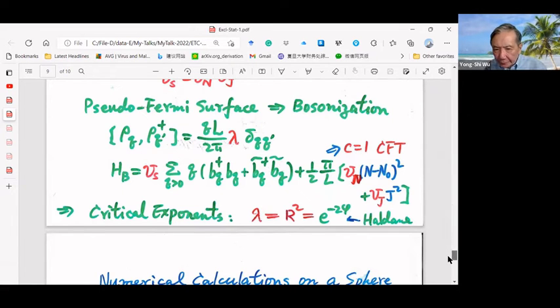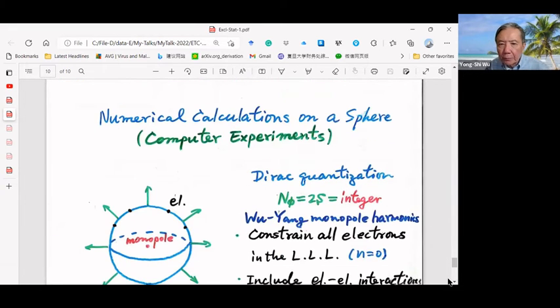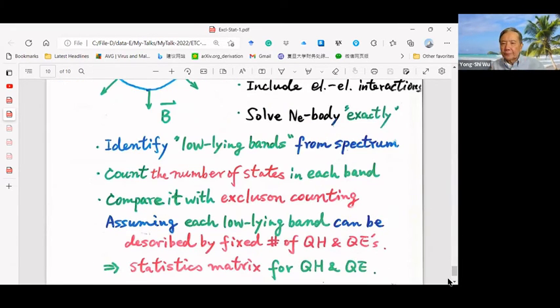It's a one-parameter family. The one parameter in Haldane's result is e^{2φ}, and in c=1 conformal field theory, the one parameter is called the compactified radius. In our notation, it is just the exclusion mutual statistics.